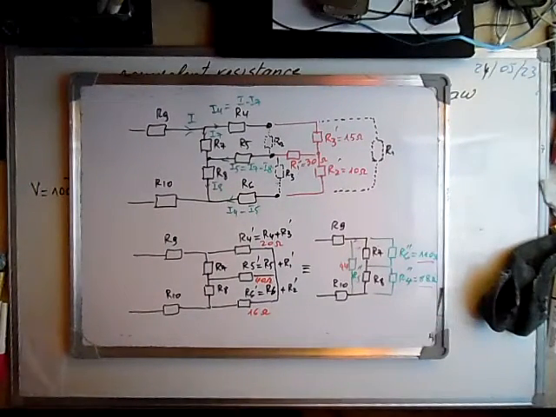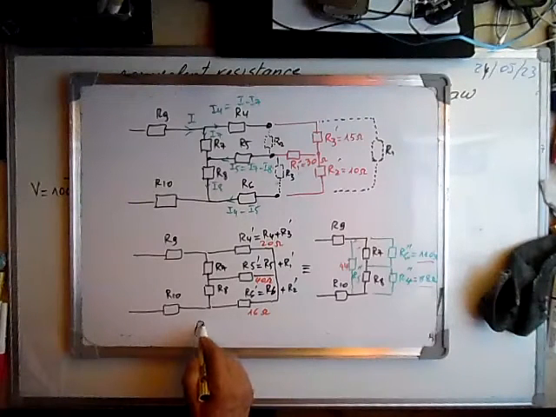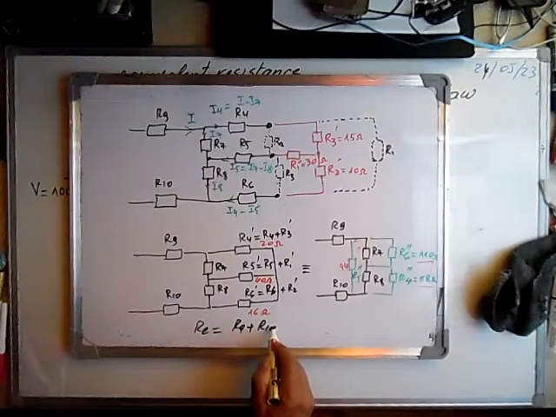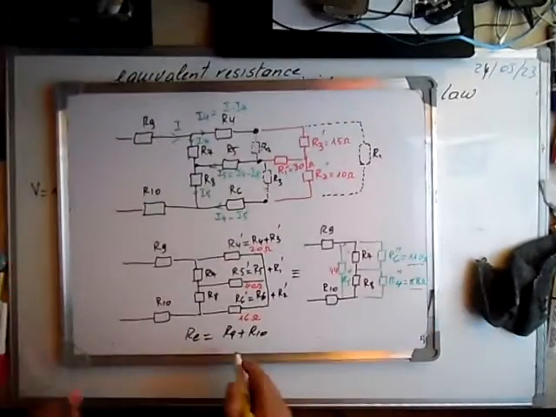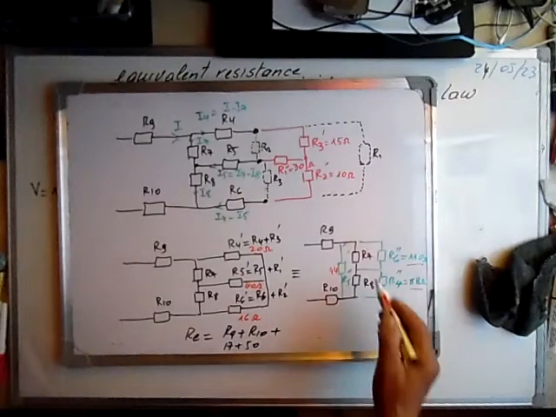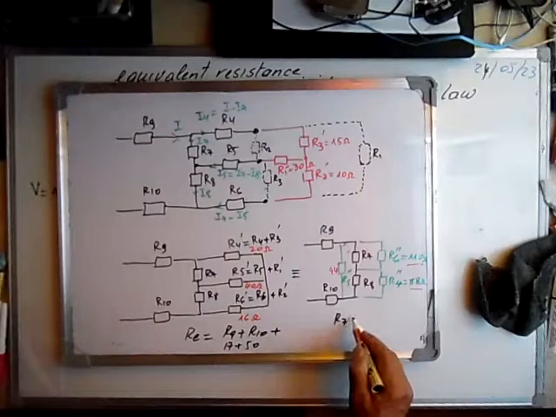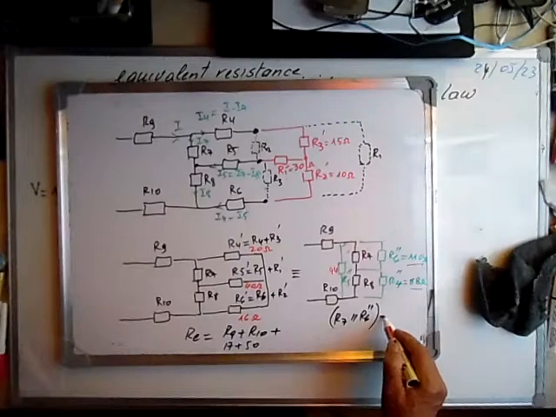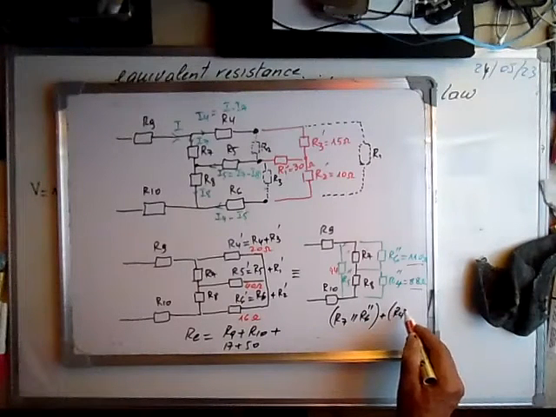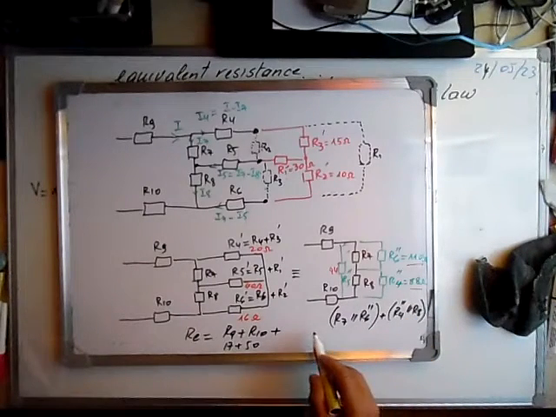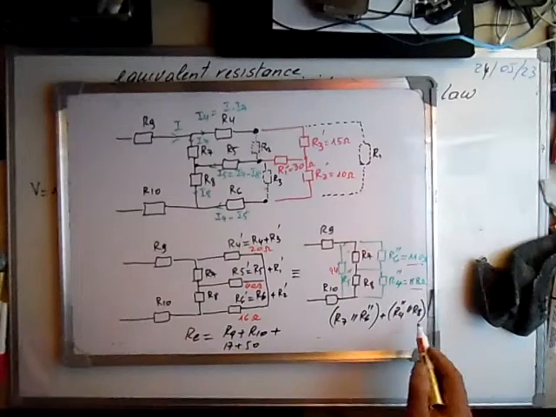First of all, let's calculate the equivalent resistance. Equivalent resistance is R9 plus R10, which is equal to 17 plus 50, plus we have R7, which is in parallel with R6 prime, plus R4 prime, which is in parallel with R8, and these two are in parallel again.